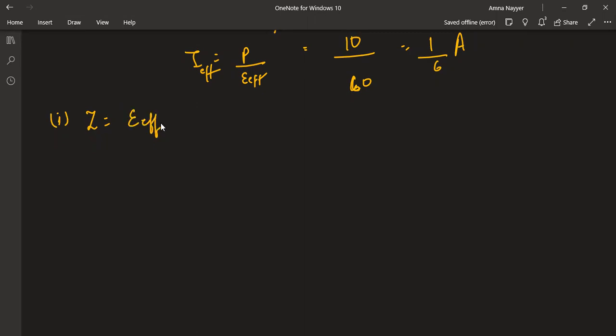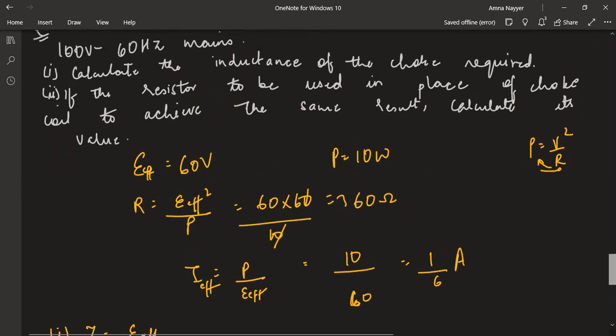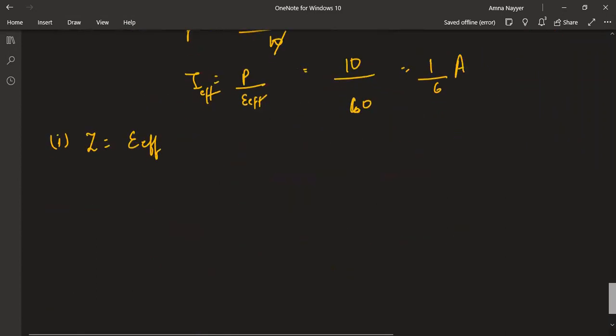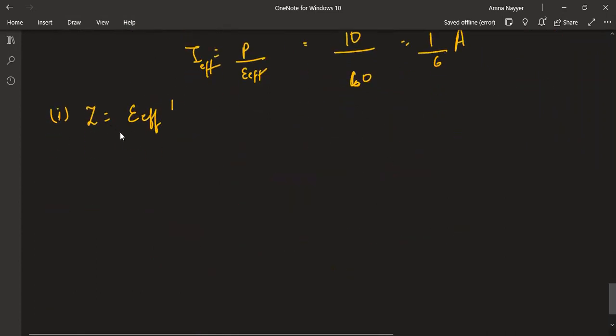This will actually be E prime, the effective voltage for the inductor. The 60 volt was for the lamp; this is specifically for the main power supply, so 100 volts. So E effective prime by I effective is 100 by 1 by 6.